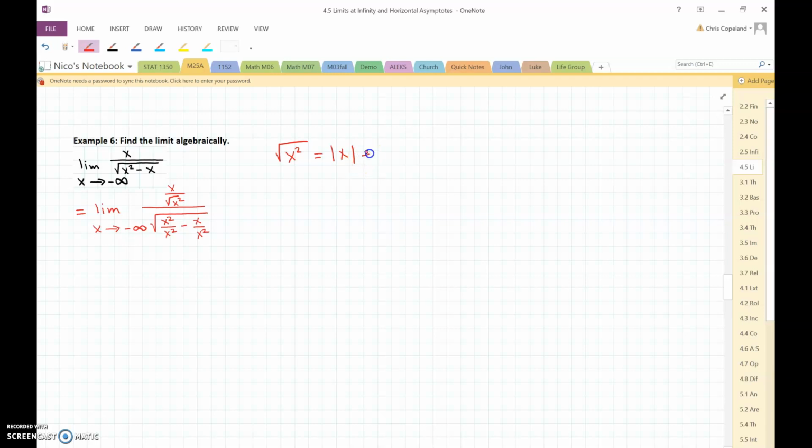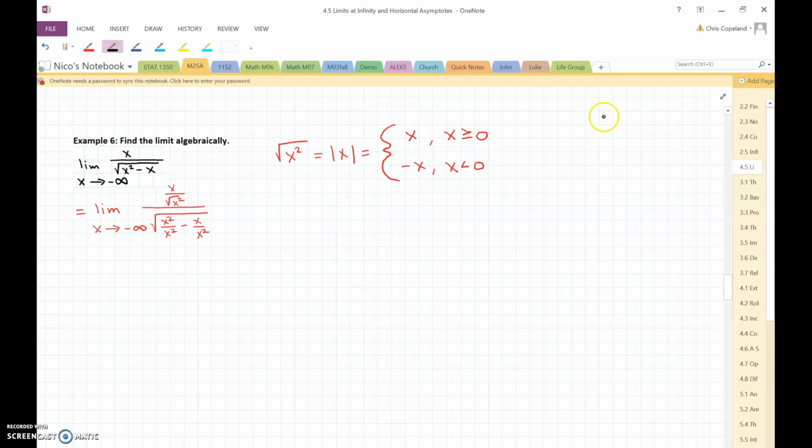Okay, and the absolute value of x is actually a piecewise function when you graph it. The graph looks like x for all x values that are greater than or equal to 0, and looks like negative x for all x values that are less than 0.